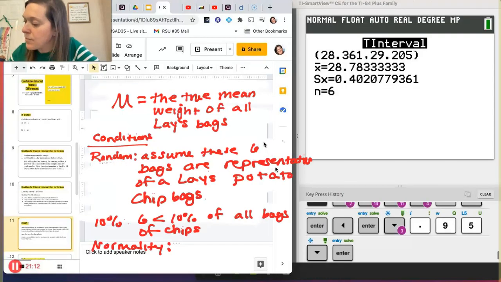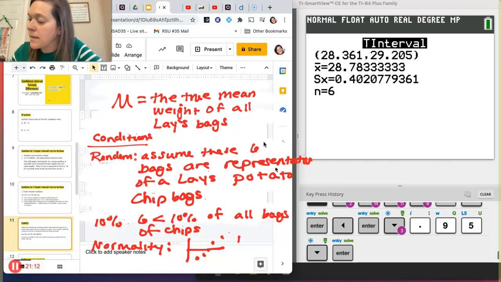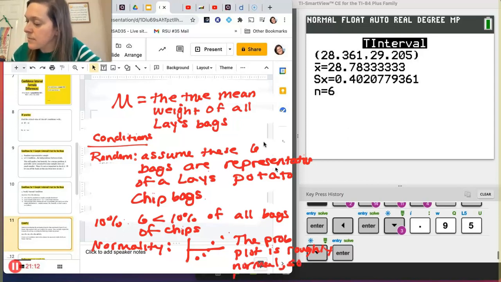So for normality, I would make a quick sketch. 1, 2, 3, 4, 5, 6. I don't know how even that was. And I would say something like the probability plot is roughly normal. I'm running out of space.